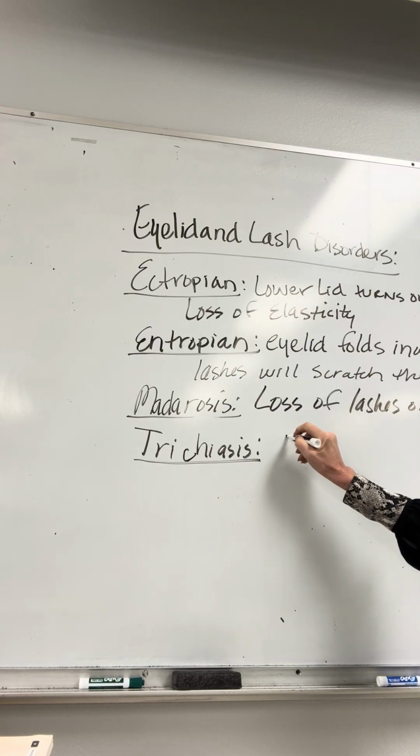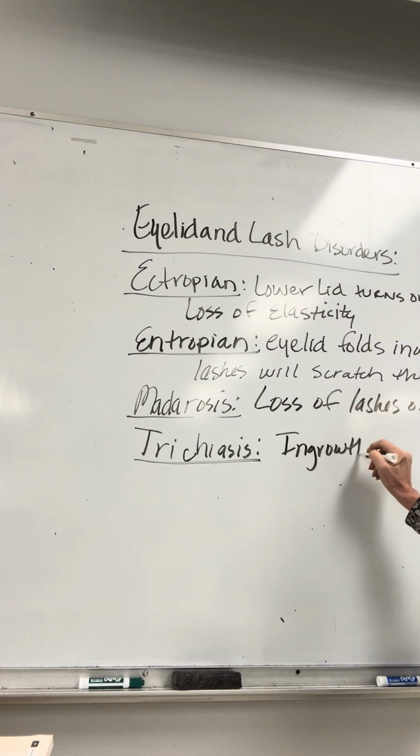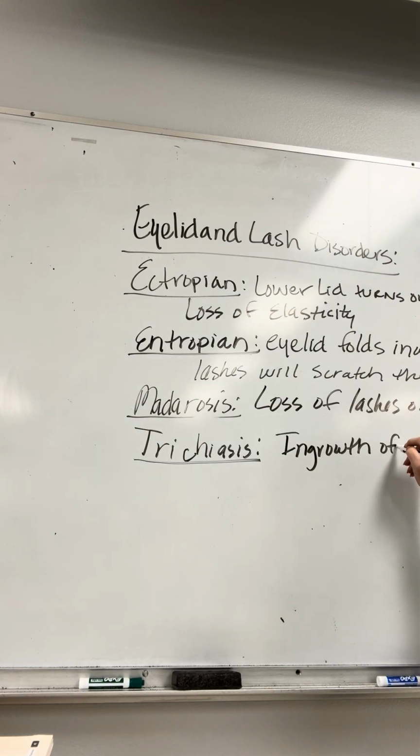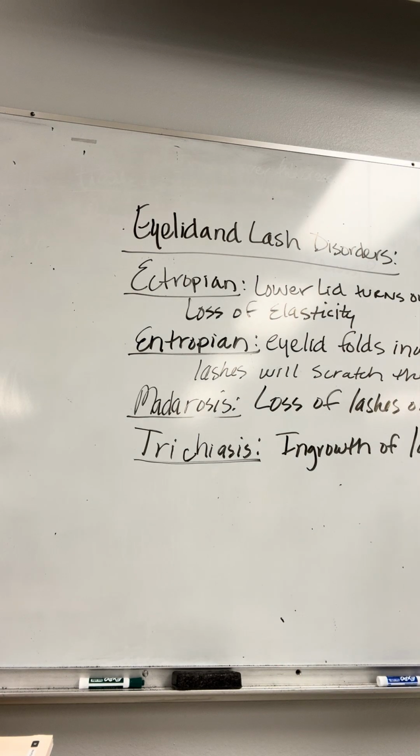This is ingrowth of lashes. My mom has this. Her lashes on the bottom are very straight. I don't have a lot of curl to my lashes, but my mom's are extremely straight. They almost go down, they're so straight.